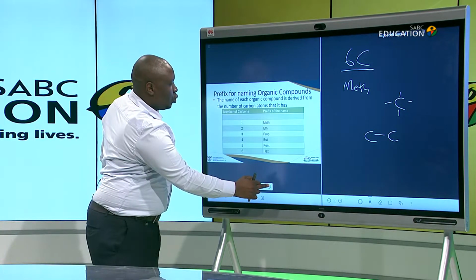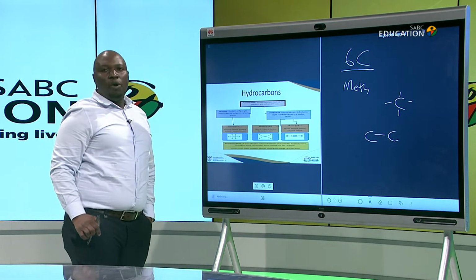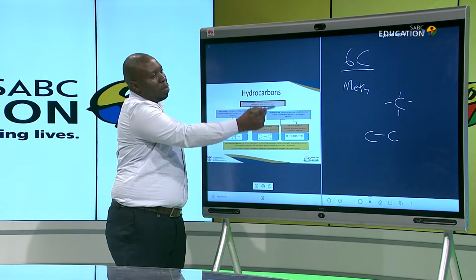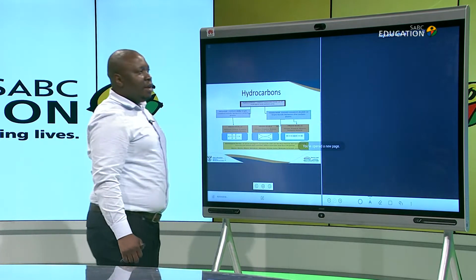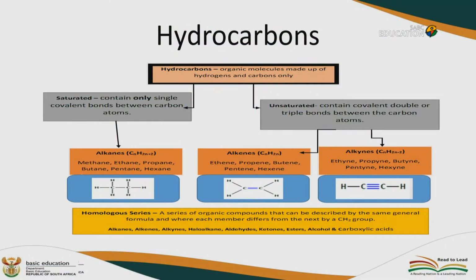Now we move to the next slide. Here we're going to talk about hydrocarbons. As the name says, hydro is taken from hydrogen, and carbon from the word carbon. So these molecules called hydrocarbons are organic molecules.